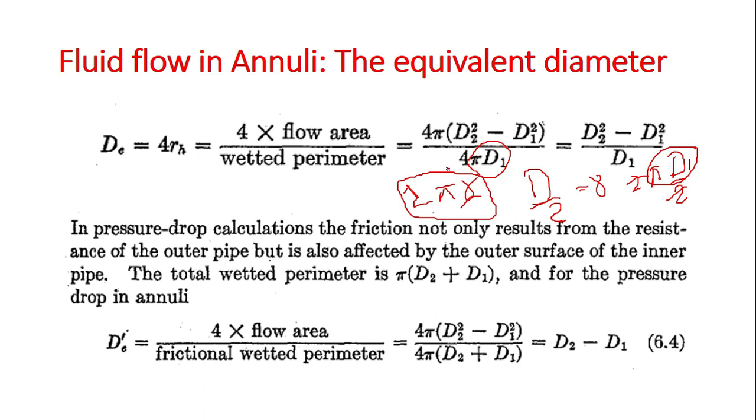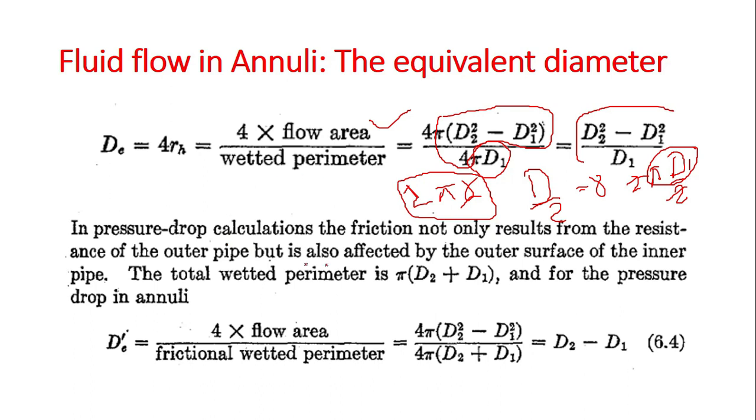And pi over 4, d2 square minus d1 square, is the flow area which we calculated in the previous slide. After simplifying that, we will have the equivalent diameter as d2 square minus d1 square over d1.